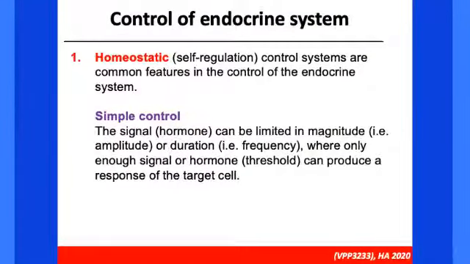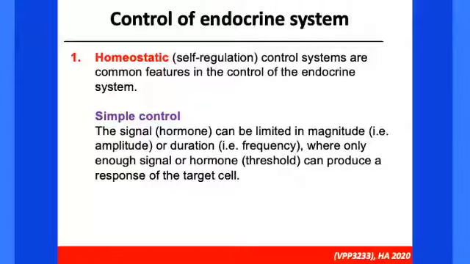When we talk about the endocrine system, we have to remember that the mechanism of the endocrine system is to control the physiological system, and this is referred to as homeostasis. Homeostasis is the process to maintain the physiological processes.